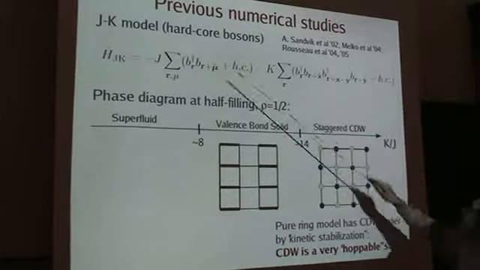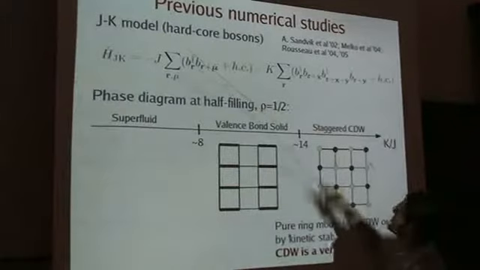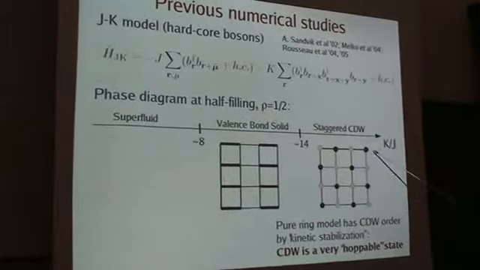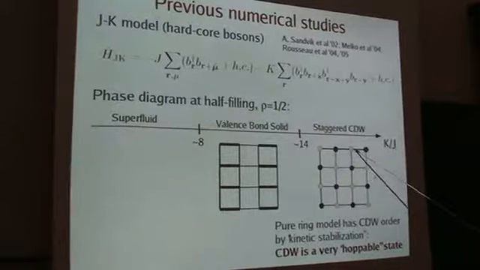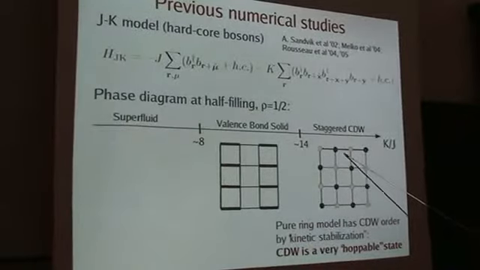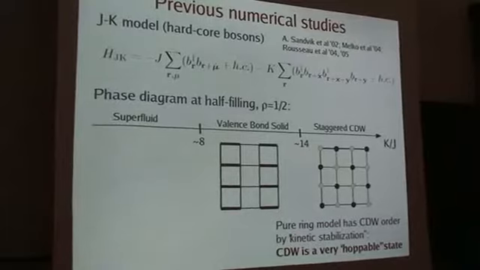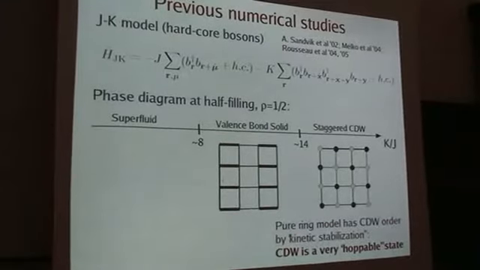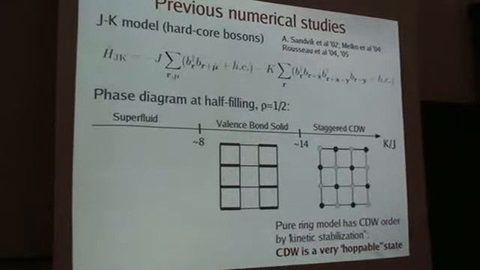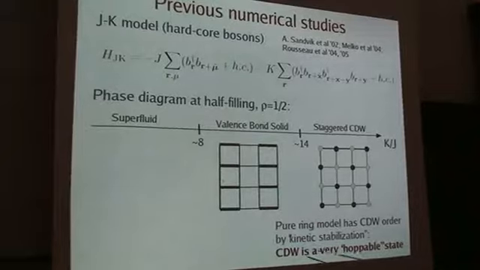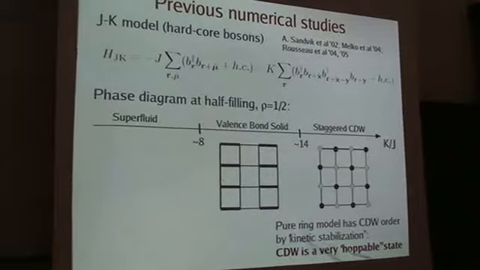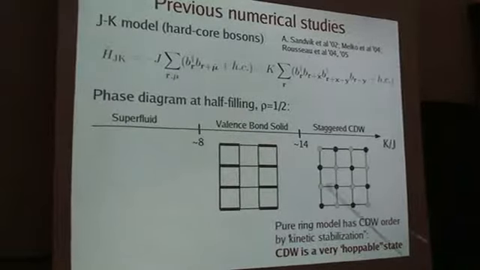the model basically approaches just the pure ring model, what was found is that the ground state has this pi CDW, and there is an intuitive picture why this happens. This happens by some kind of kinetic stabilization.